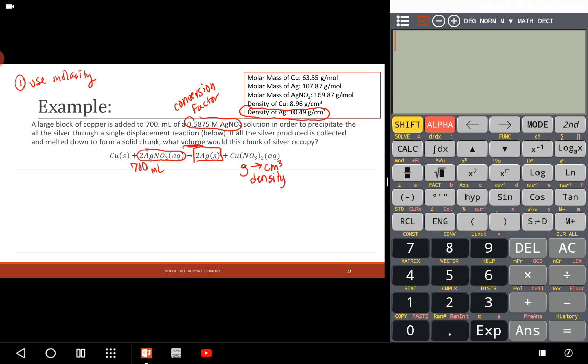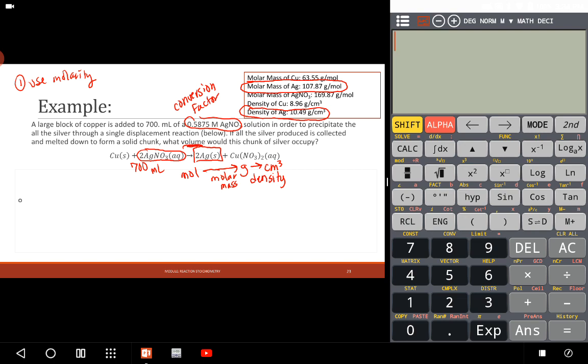But I need to get into grams from moles, and so to go from moles to grams, I'm going to need the molar mass. So I'm going to need both molar mass and density. So I'm going to use molarity to get into moles. Then I'm going to use the molar ratio. Then once I'm in moles, I'm going to use the molar mass and then the density. So the molar mass of silver is here.